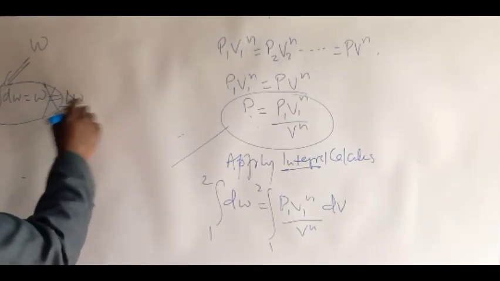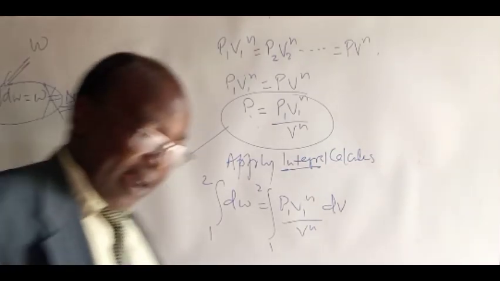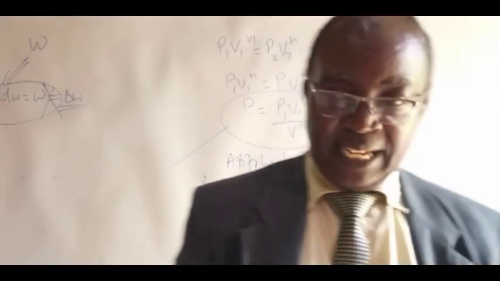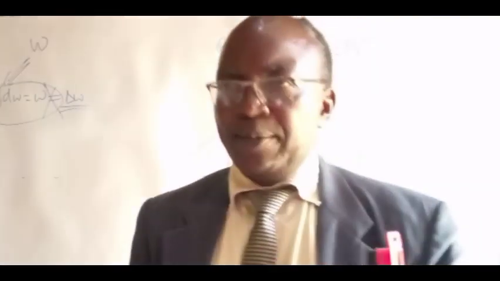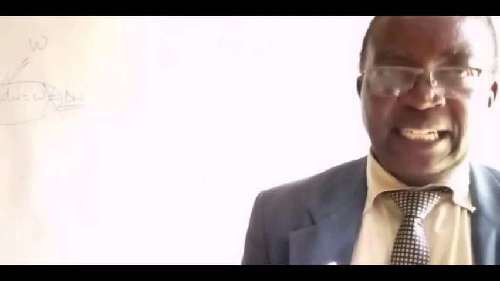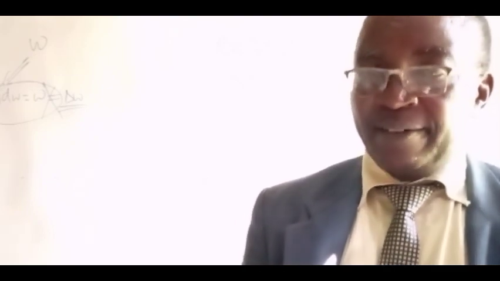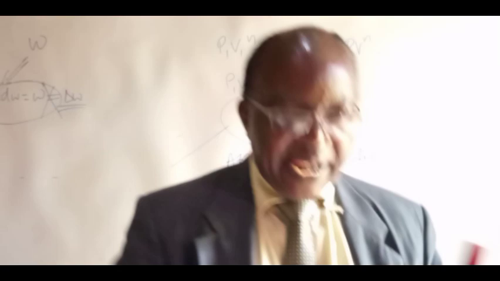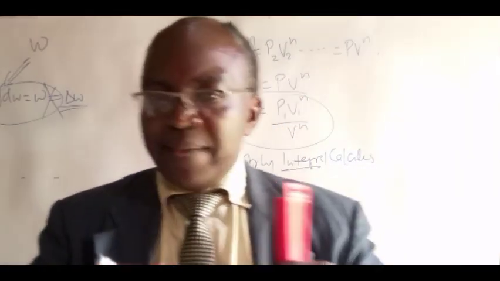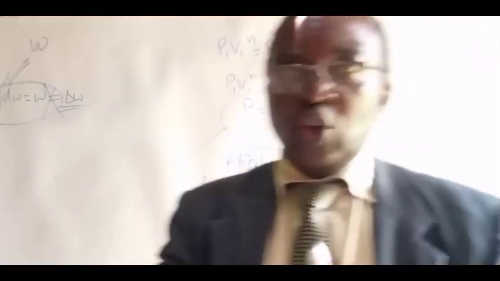Why? In our earlier lectures, we mentioned that we don't have delta W or delta Q because W and Q, that is work and heat, are path functions. They are not state functions. And we had mentioned that thermodynamic state functions are also exact differentials.